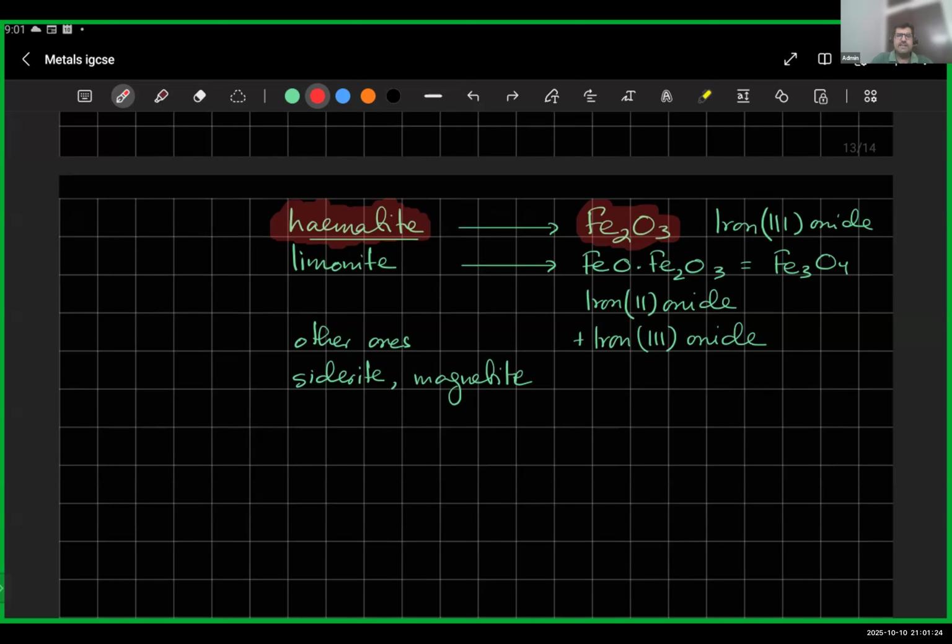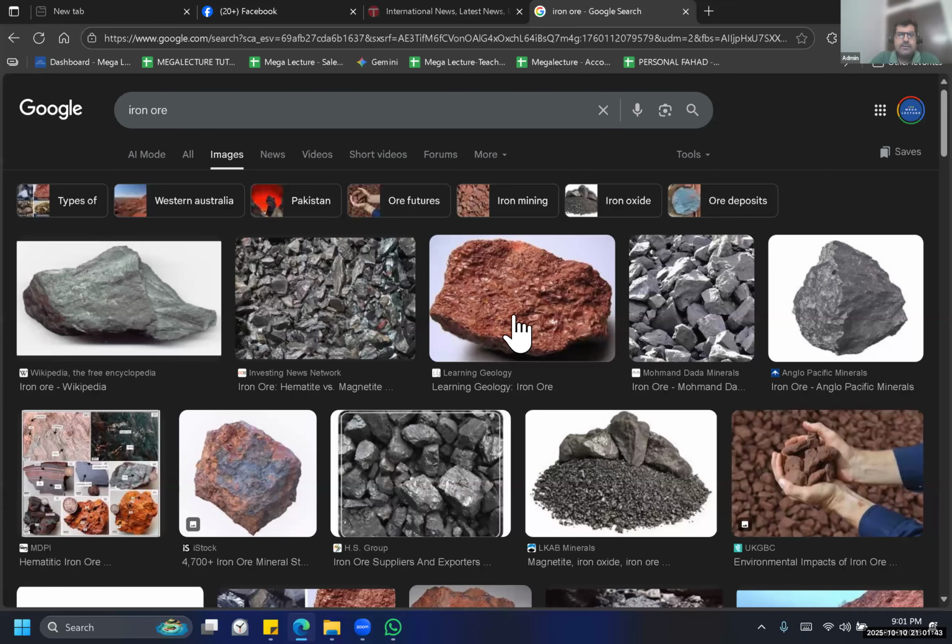Like rust, it's red brown. A lot of these red colored rocks are kind of like this.